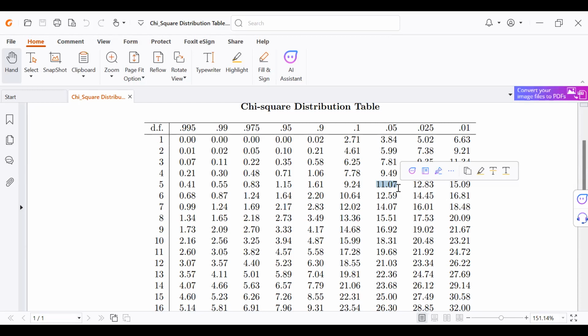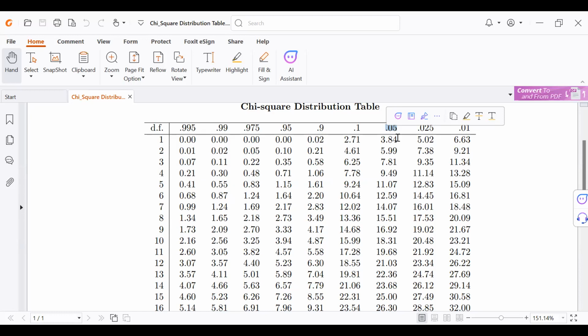So when we take the chi-square distribution table, you go to the 5th degree of freedom on your left-hand side, and then we are using 0.05, the error rate. Our alpha is 5%.